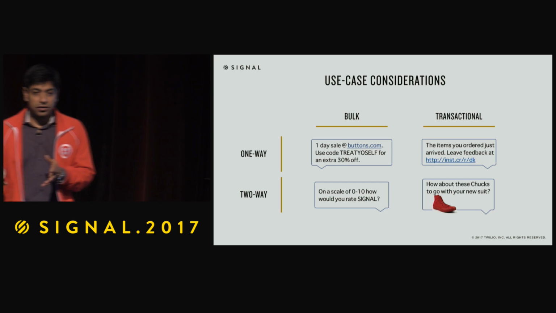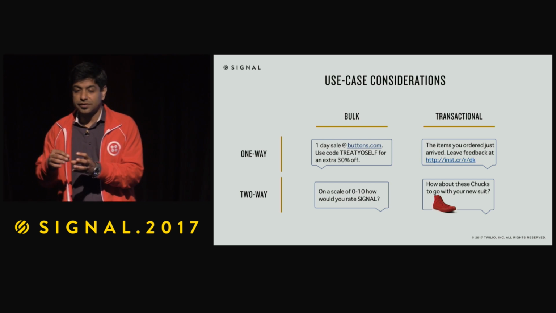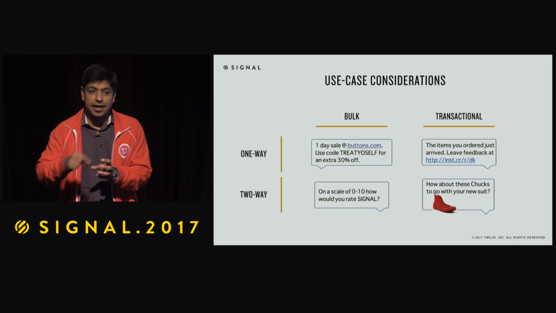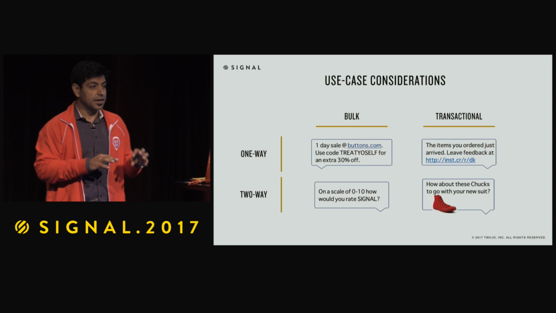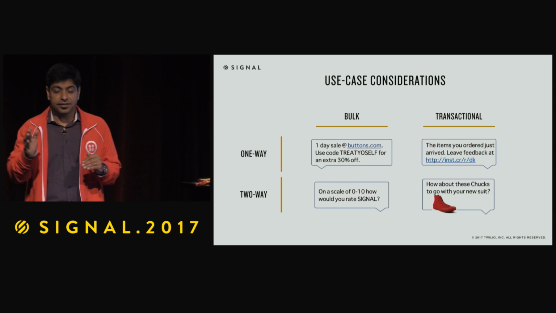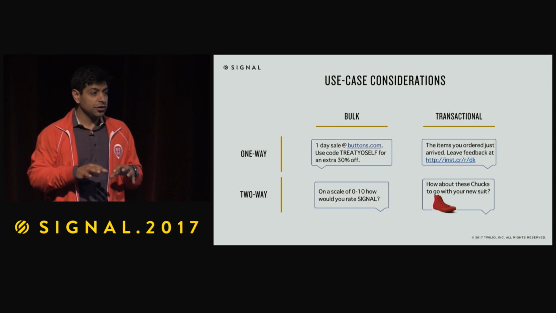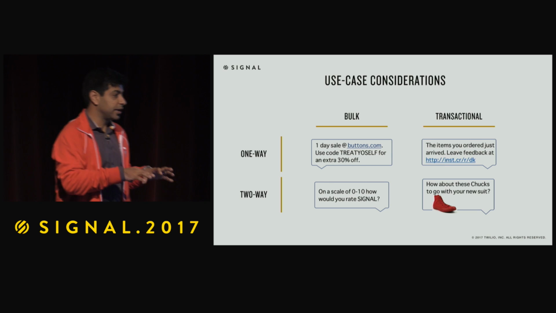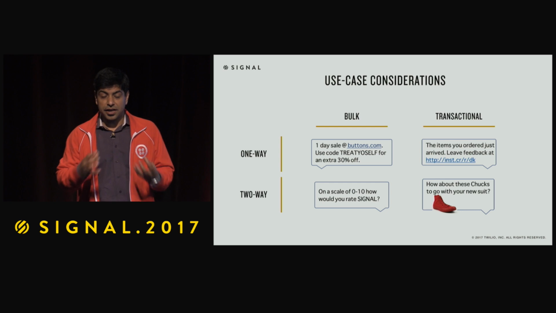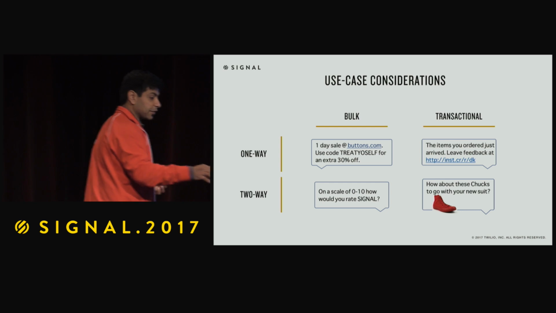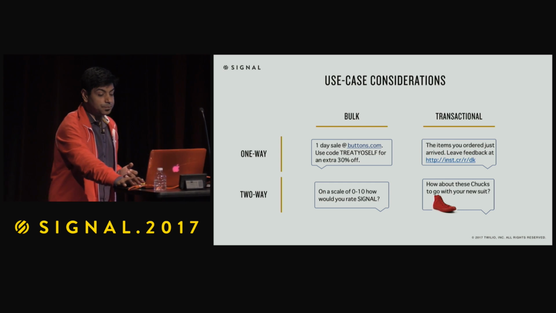Or is it transactional, where the actual message that you are sending is specific to the exact person that you are sending to? Based on the answers to your questions here about one-way, two-way, or bulk or transactional, the type of technology you use underneath, how you develop that application, and what is allowed even from a regulation point of view changes. And that's why this is really the first consideration you should be thinking about.